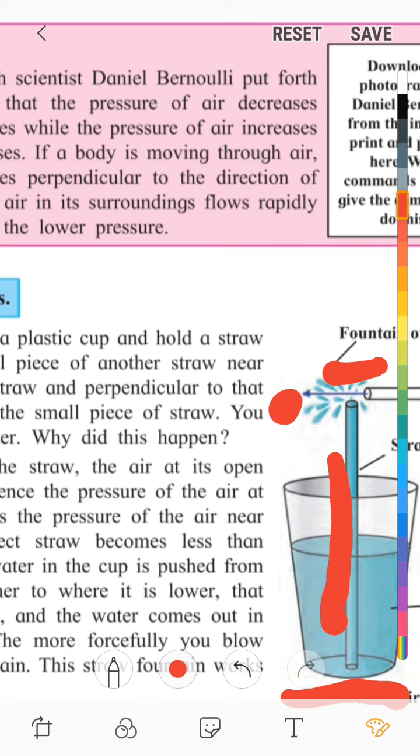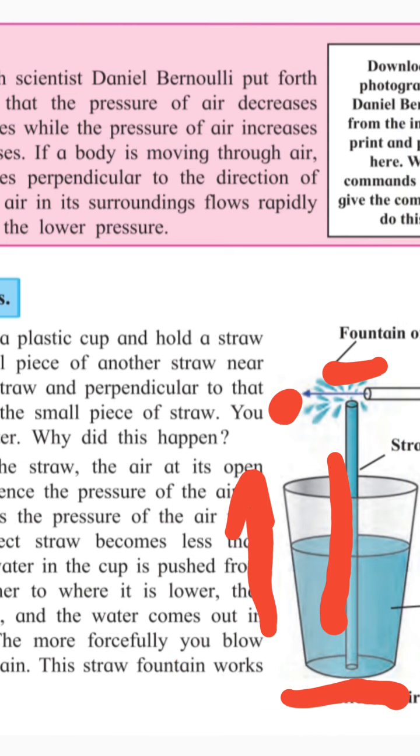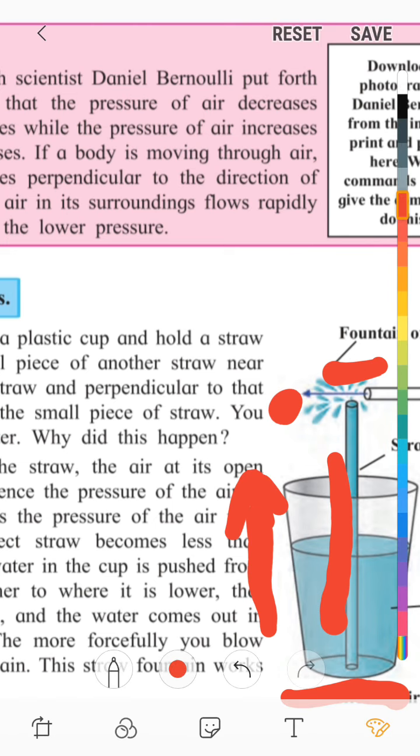As the pressure of the air near the upper end of the erect straw becomes less than atmospheric pressure, the water in the cup is pushed from where the pressure is higher to where it is lower, that is in the upward direction. And the water comes out in the form of a fountain. The more forcefully you blow, the higher will be the fountain. This straw fountain works on Bernoulli's principle.